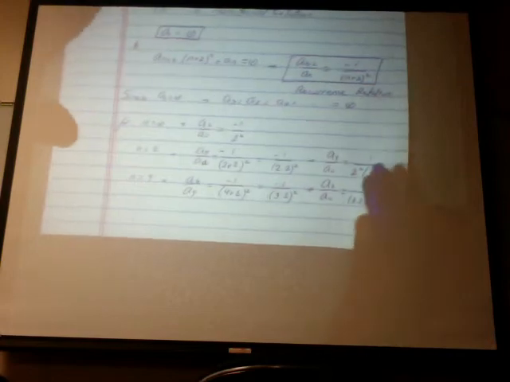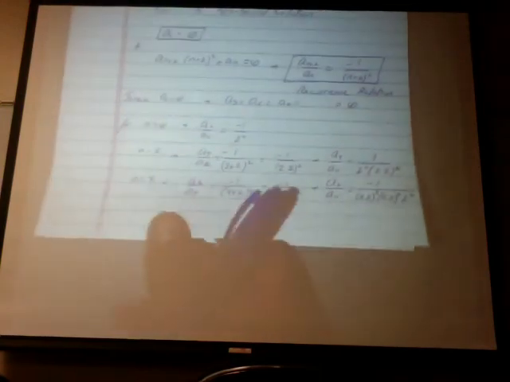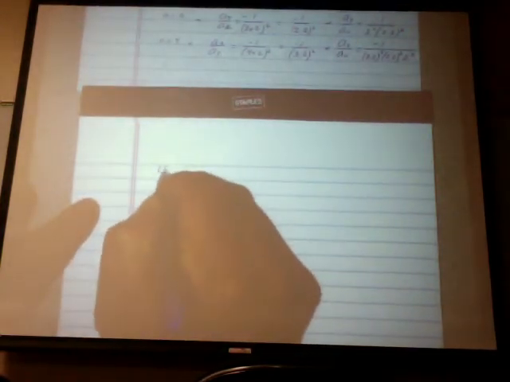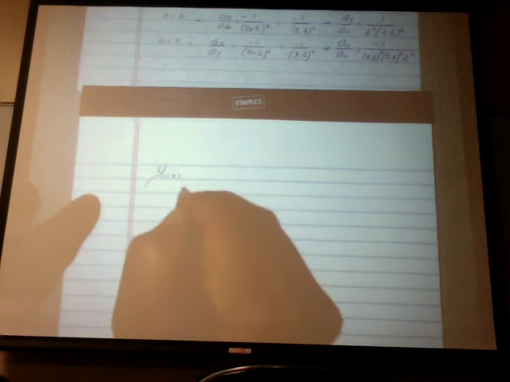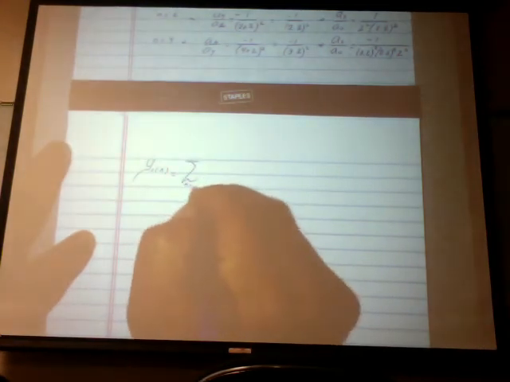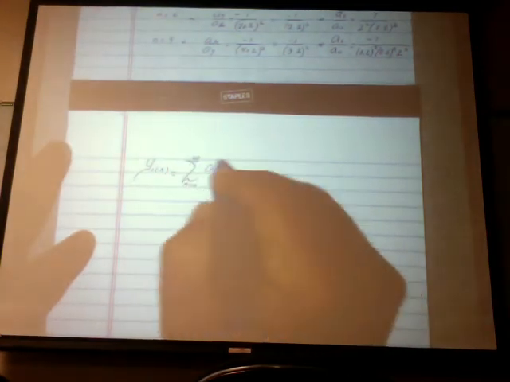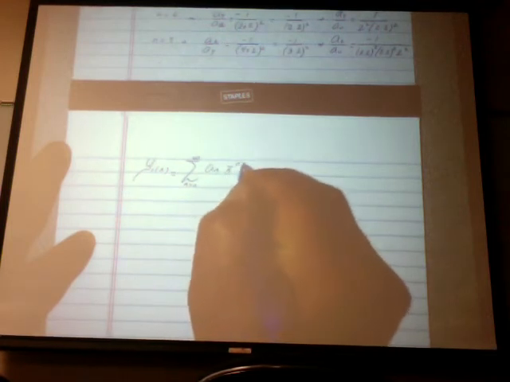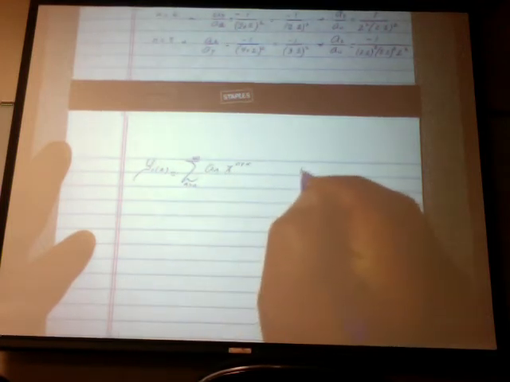So now the series y1 of x, the first solution that we're going to try, is the summation from n equals 0 to infinity of an times x to the n plus k, such that k is equal to 0.